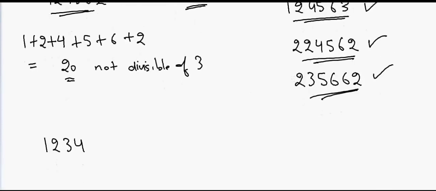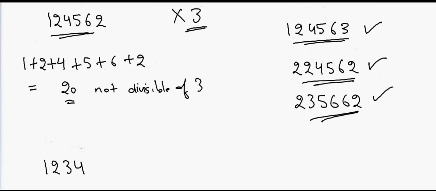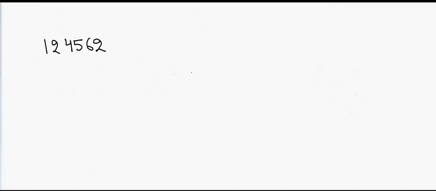Now let's talk about 4. The number was 1 2 4 5 6 2, and whether it is divisible by 4 or not.